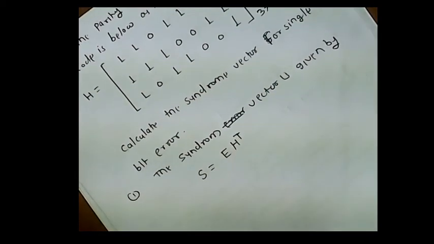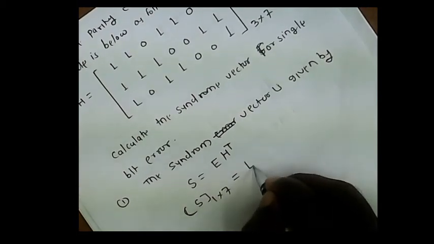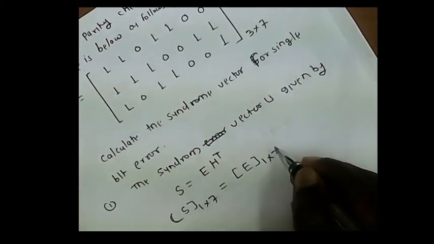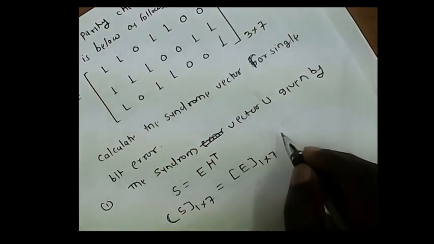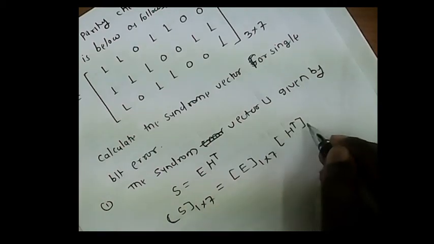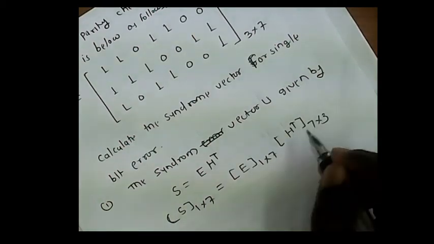This is the relation between the syndrome vector, the error vector and the transpose of the parity check matrix. The syndrome vector has dimension 1 by 3, the error vector has dimension 1 by 7, and the dimension of the transpose of the parity check matrix is 7 by 3.